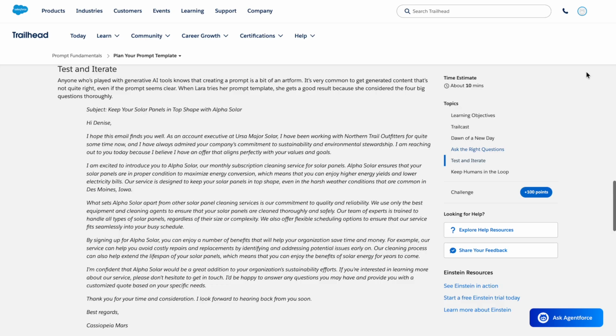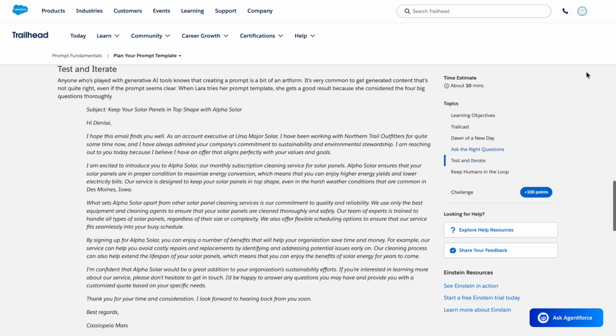We use only the best equipment and cleaning agents to ensure that your solar panels are cleaned thoroughly and safely. Our team of experts is trained to handle all types of solar panels, regardless of their size or complexity. We also offer flexible scheduling options to ensure that our service fits seamlessly into your busy schedule.